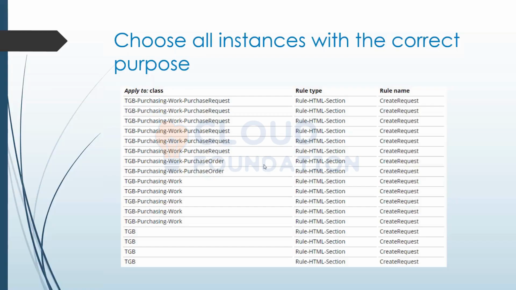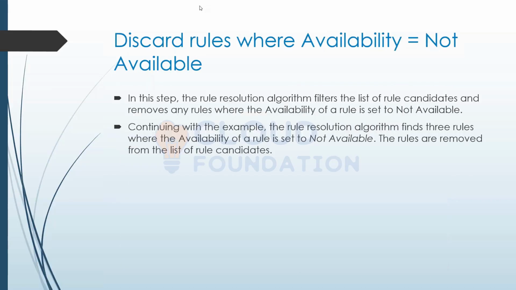My step 1 has now given me around 10 to 15 rules with the correct instances. These are my rule candidates. Slowly, we will start the elimination process and we will see how many we would end up with. Now the second step is to discard the rules with availability set as not available.